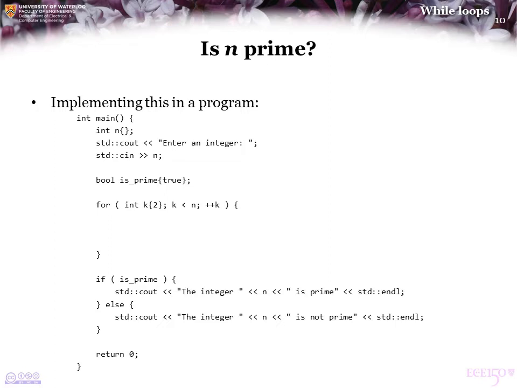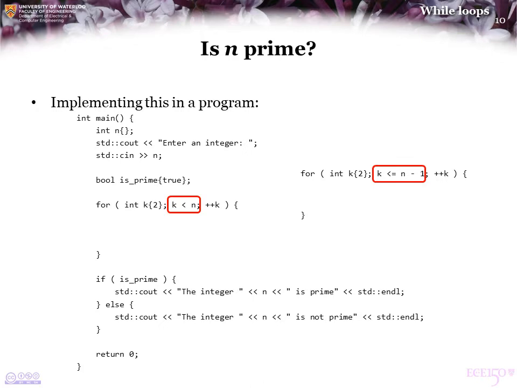Now, this for loop is exactly the same as the for loop you see over here, because k and n are both integers, so the condition k less than n is equivalent to asking if k is less than or equal to n minus 1.